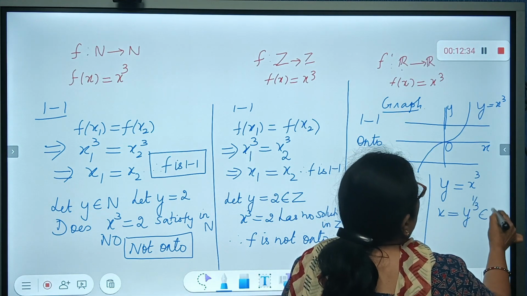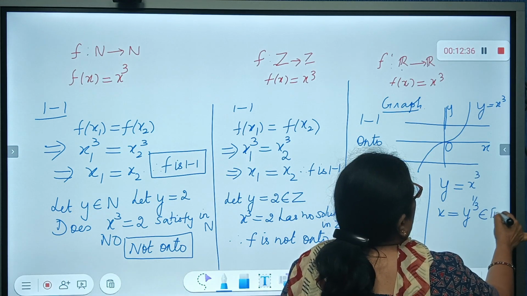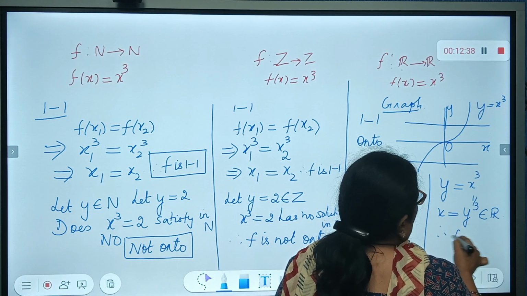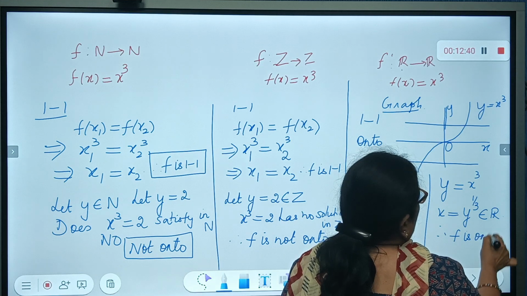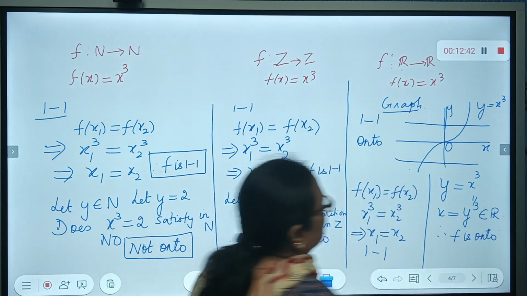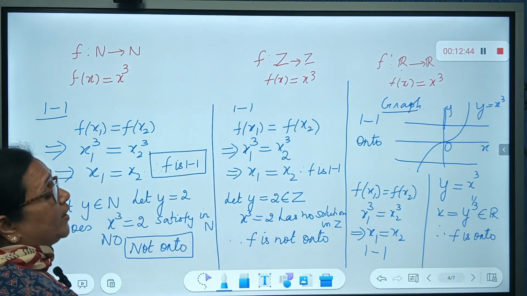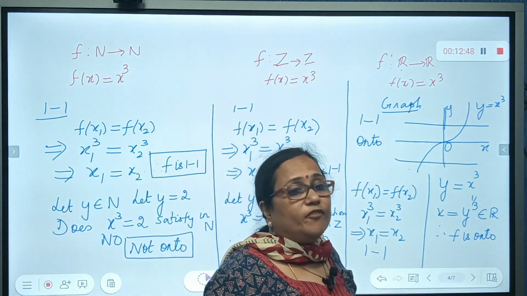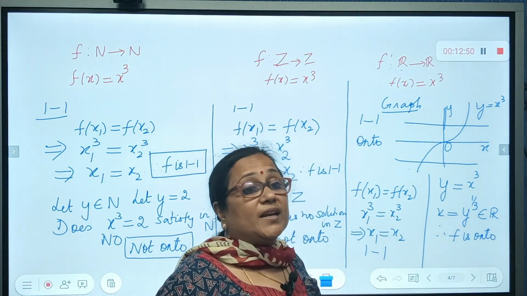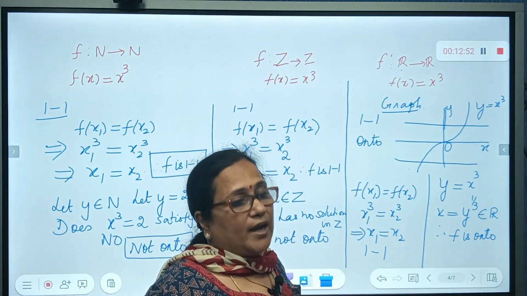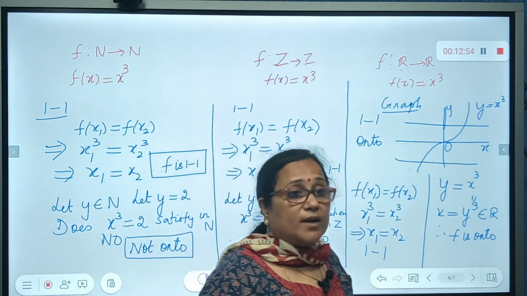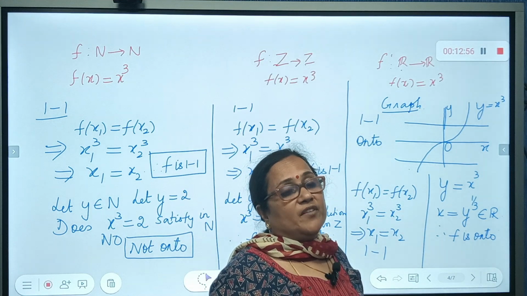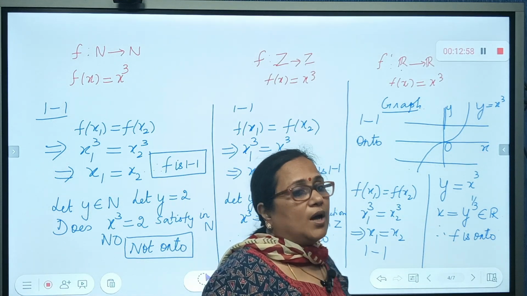Definitely it belongs to R. Therefore, f is onto. So, what I want to convey through this problem is, graph is a wonderful tool for examining and understanding a function. The horizontal line test helps you to understand from the graph whether a function is onto and 1 to 1.